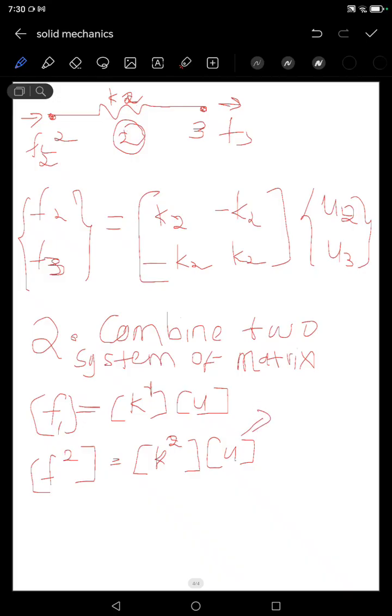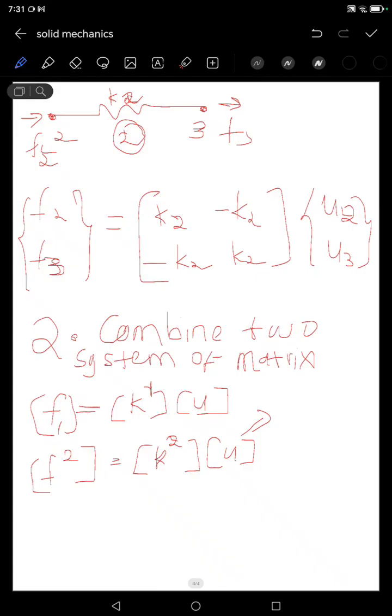The overall displacement is going to have 3 displacements. Since we have 3 nodes, 1, 2, 3, our matrix is going to be a 3 by 3 matrix when we combine the 2 systems.